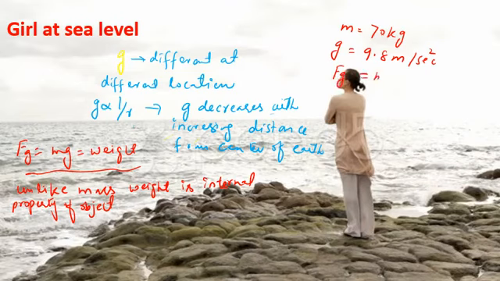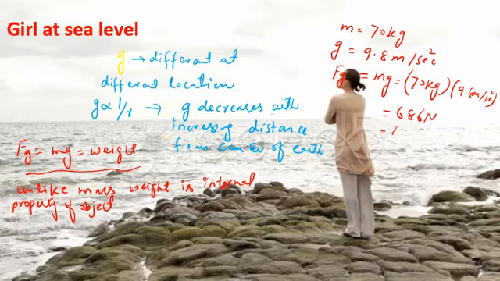So it's equal to mg, where m is 70 kg and G is 9.8 meters per second squared. So it comes out to be 686 Newtons, which is almost equal to 150 pounds. So this is the weight of this girl when she is standing at the sea level.